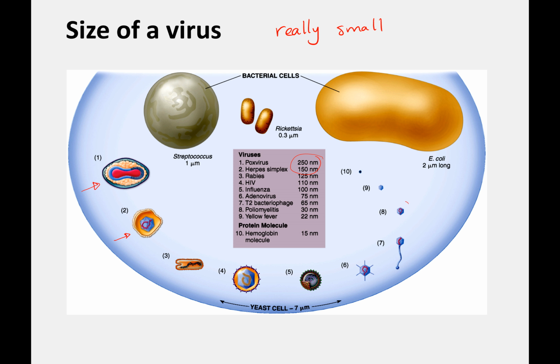Polio virus right here, super small, 30 nanometers in size. So viruses, you cannot see them with a regular microscope. You have to visualize them with an electron microscope, which is another reason we didn't really know about viruses for a long time, because we didn't have the ability to see them.